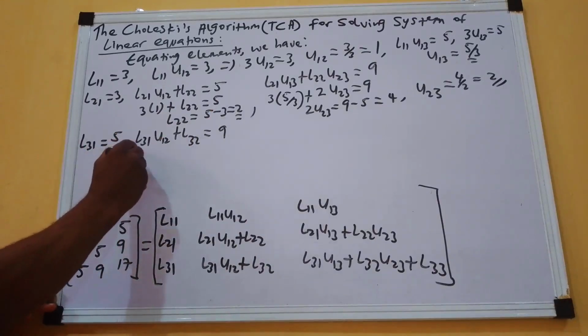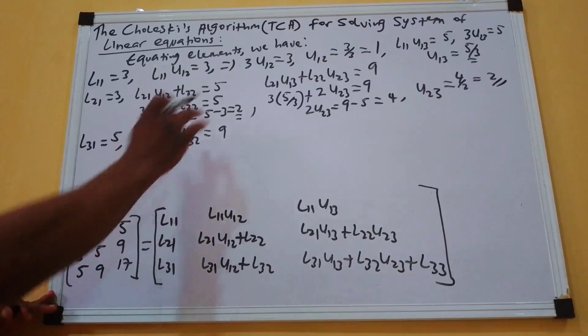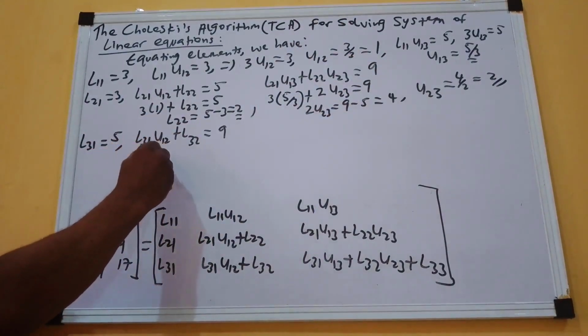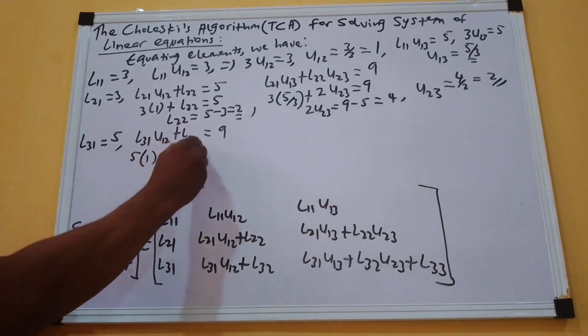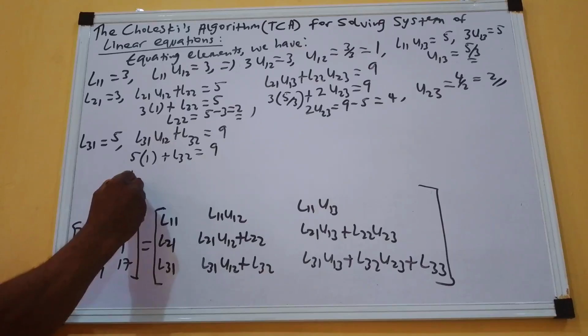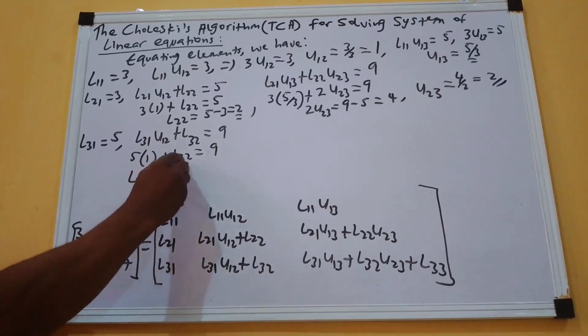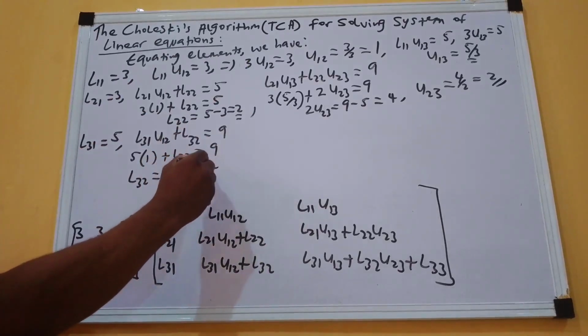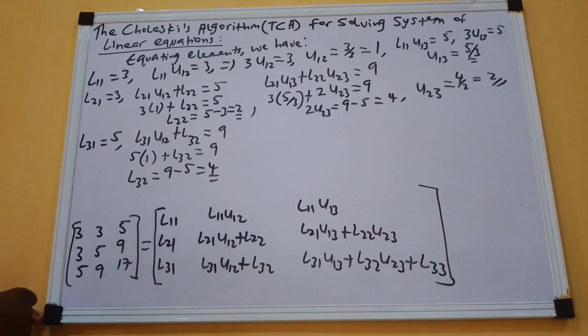Our L31 is 5. What is our U12? Our U12 is 1. So plus L32 is equal to 9. So L32 will be equal to 9 minus 5, 5 times 1 is 5. When it goes to the other side, this will be 4. So our L32 is 4.